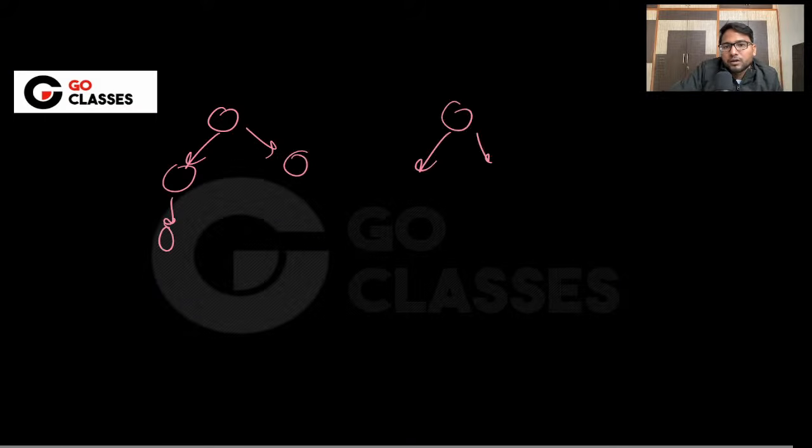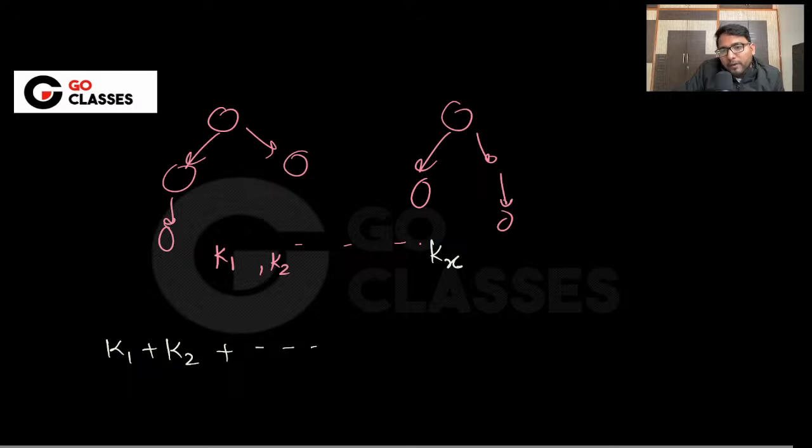Combined, all are having k edges. Let's suppose the first has k1 edges, the second k2 edges, and so on, and the last has kx edges. So combined, all are having k edges. It is given to us.